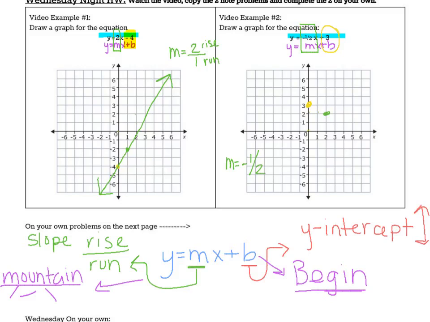Here's my point. Let's do that again. Down 1, run 2. There's my point. I'm going to do one more. Down 1, run 2. There's my point. So I have 4 dots. I can connect those dots. Add your arrows. And that is all we're doing.